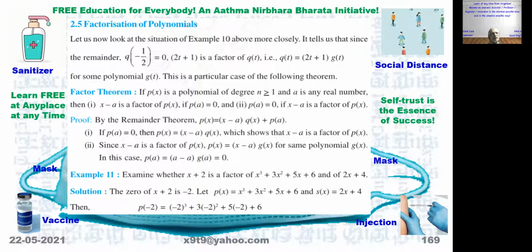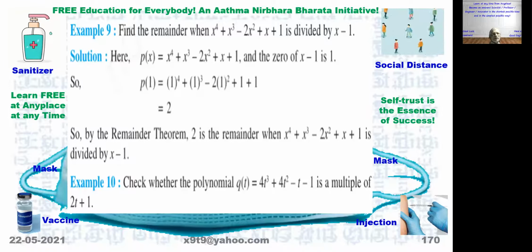Let us now look at the situation of example 10 more closely. This is what is written in the book under the chapter on factorization of polynomials. See, here is example 10: Check whether the polynomial q(t) = 4t cube plus 4t square minus t minus 1 is a multiple of 2t plus 1.